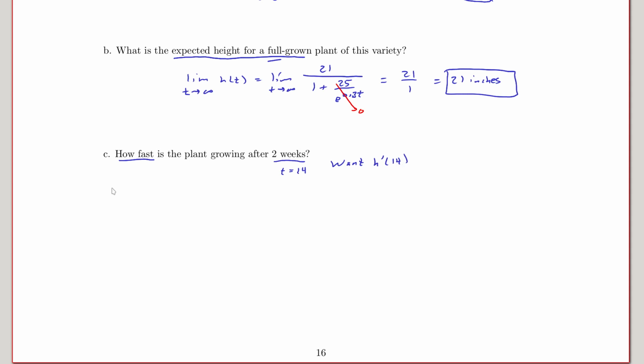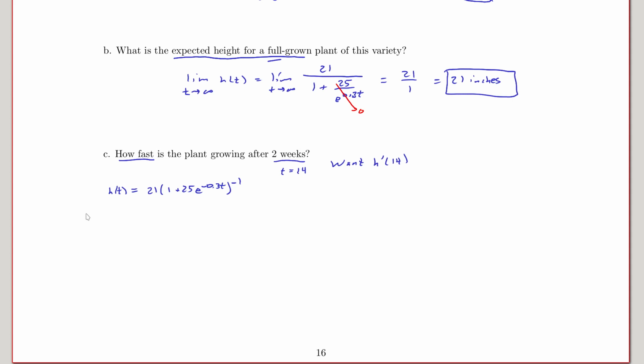Okay, the first thing I'm going to do is rewrite h, and I'm going to bring the whole denominator up to the top using negative exponents. So I'm going to write this as 21 times (1 plus 25 e to the negative 0.3t) to the negative 1.